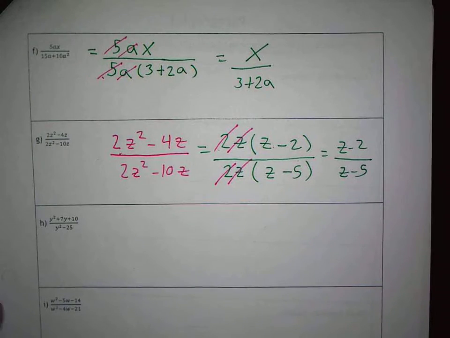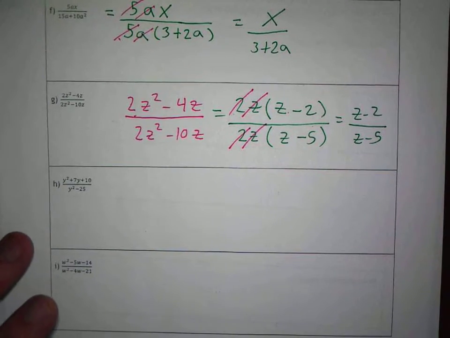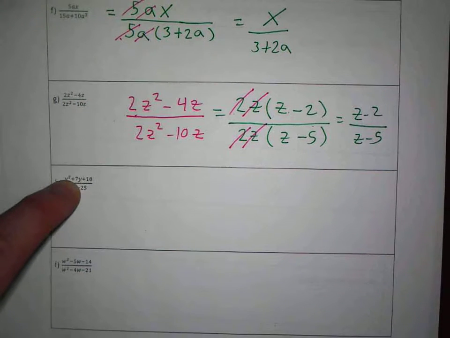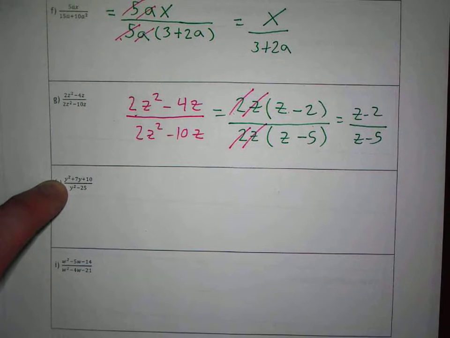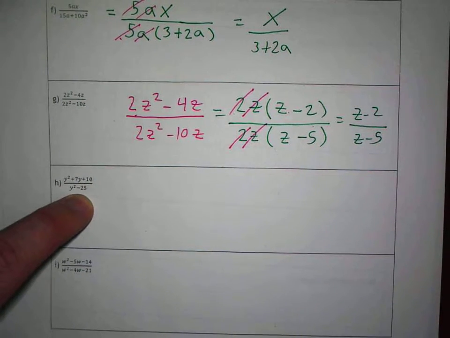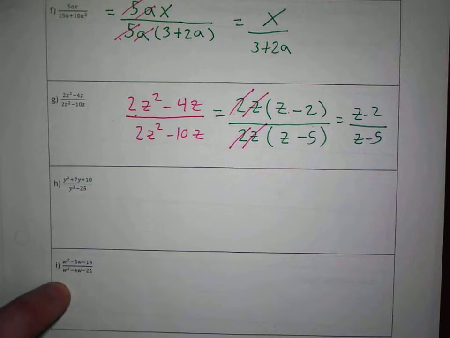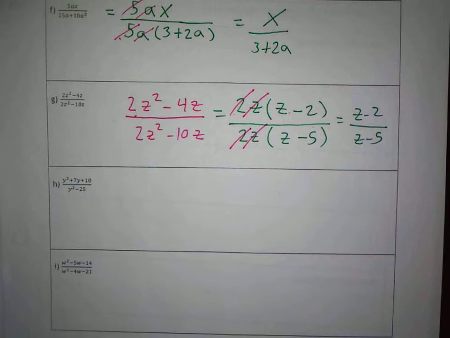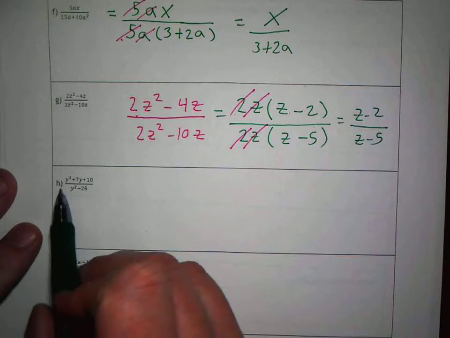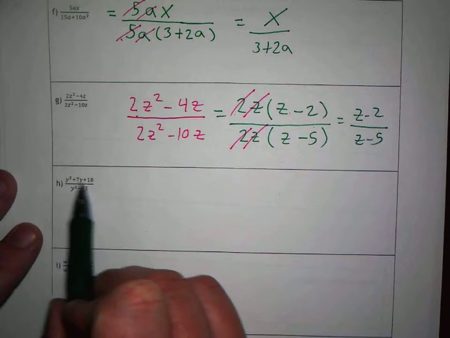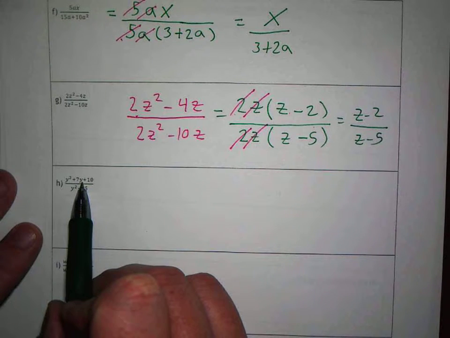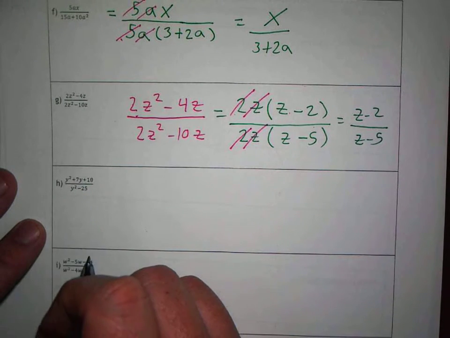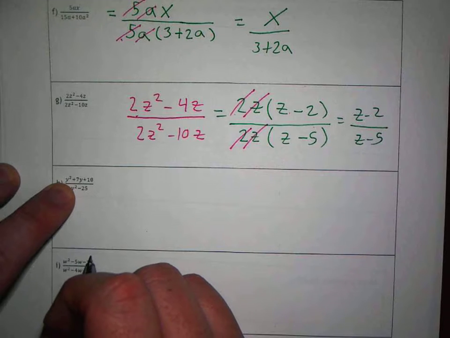So what happens when you get to problems that are not GCF? You may notice that these look a little different. There is no GCF here or here, and there's no GCF here or here. Okay? And so what we're going to do on those, do you guys recognize how to factor this? Y squared plus 7y plus 10, do you remember? It is in standard form.